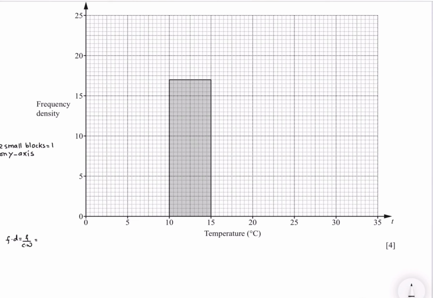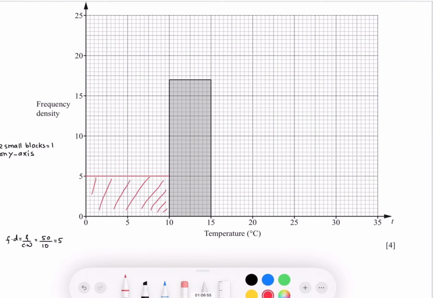Our frequency is 50 and our class width is 10 for this first class from 0 to 10. So your frequency density is 5, so make a histogram like this up to 5.